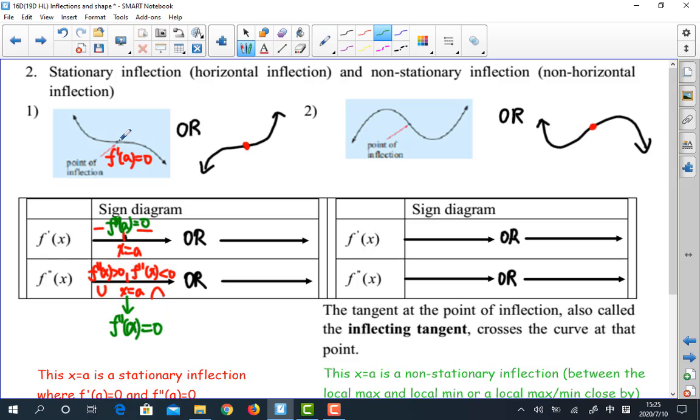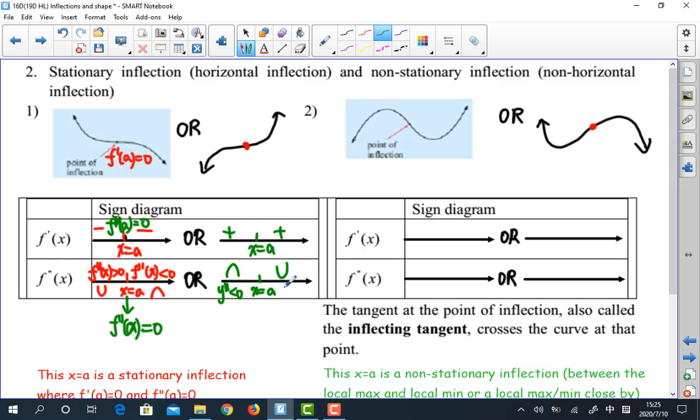So if x equals a is the stationary inflection for a function, you should have f prime a equal to 0 and f double prime a also equal to 0. The same can be applied to the monotone increasing curve as well. So monotone increasing means at x equals a, f prime should be positive. For the second derivative, concave down, the second derivative should be less than 0.